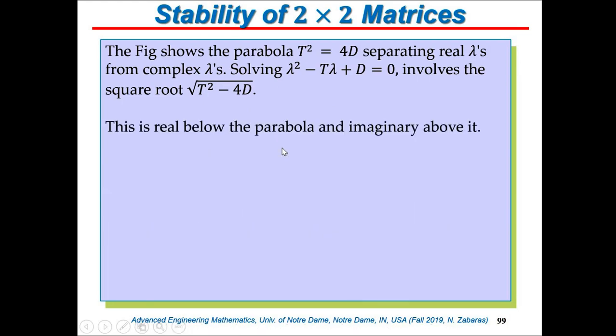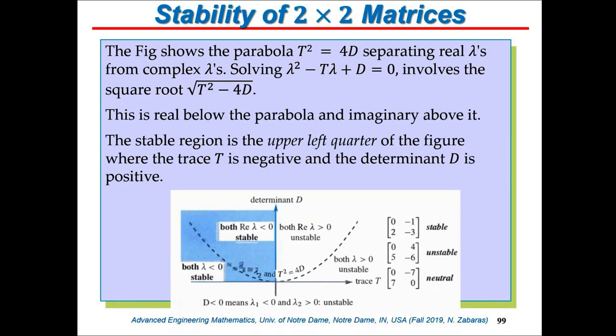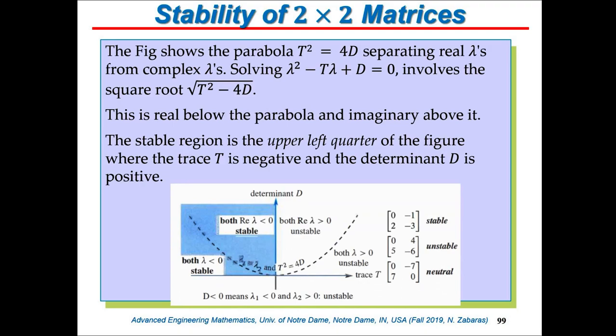So let me just summarize the schematic of stability. If I take the trace on the horizontal axis and the determinant on the vertical axis, so I am going to effectively see this parabola here. So this parabola is t squared equal to 4d, all right?